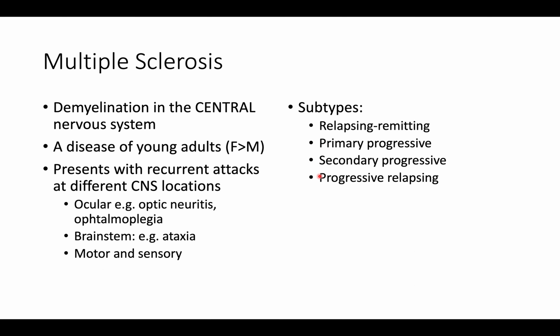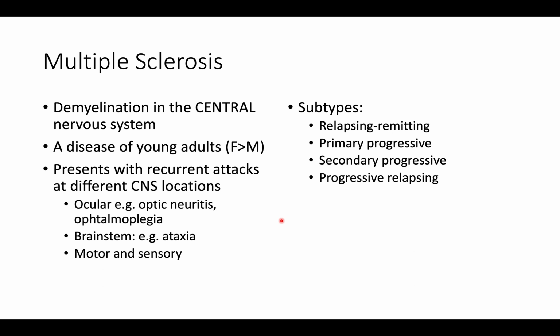Primary progressive is that the disease happens one time and it is increasing without remission. Secondary progressive is that first it resolves and then it starts to progress. And progressive relapsing is that it comes back.